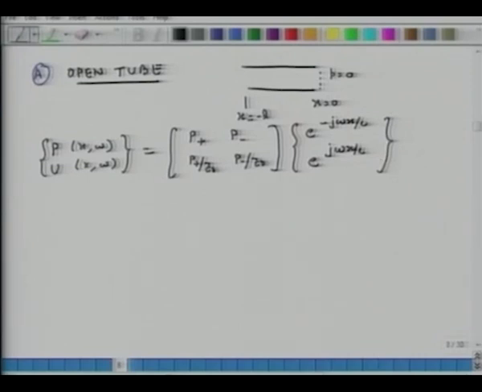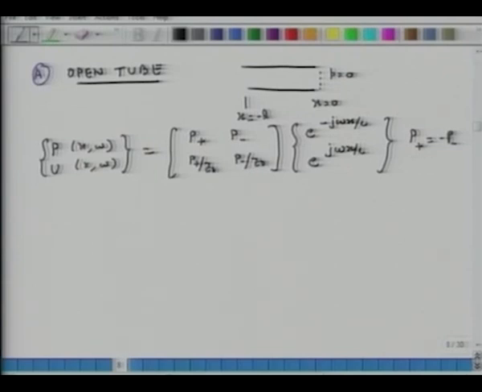Once I impose the boundary condition, I find that P plus equals minus P minus, which we have also seen and proven in earlier classes.